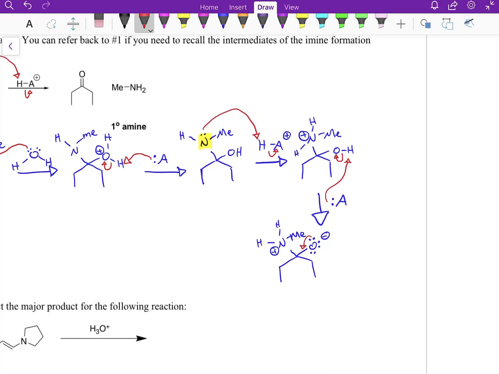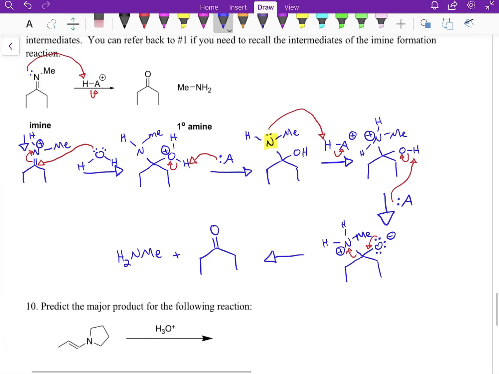So right here, it's going to create a double bond, and it's going to kick out this amine. And now you're going to be left with your starting materials, which would create or produce your amine.